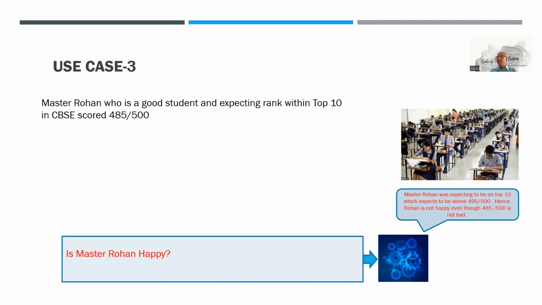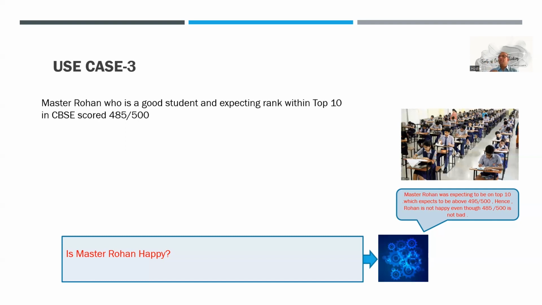Even though 485 out of 500 is not a low mark, still Master Rohan, who is the boy, who has scored 485, is not at all happy, because he is comparing that mark with his expectation.